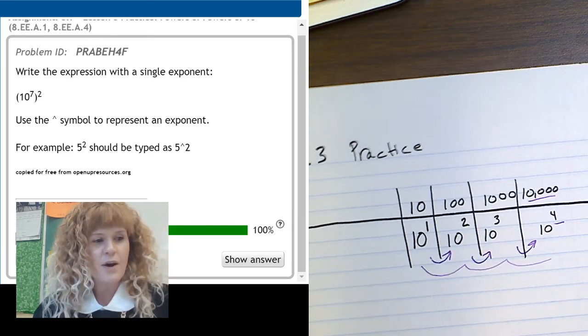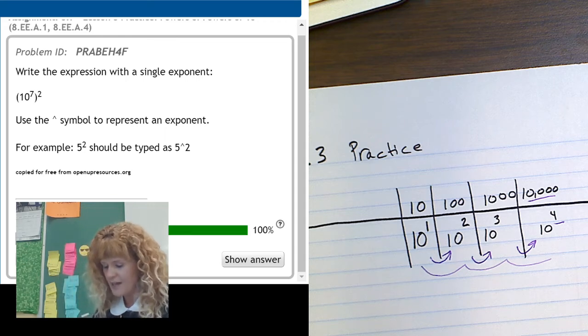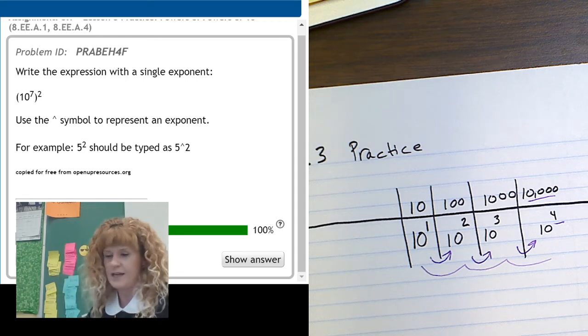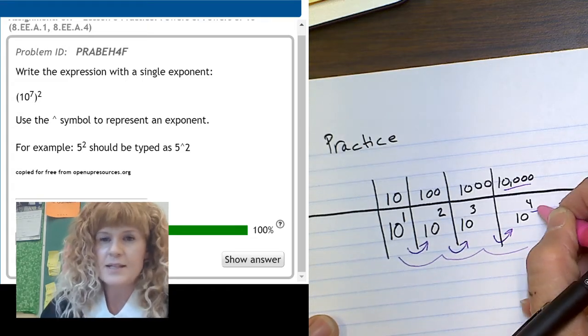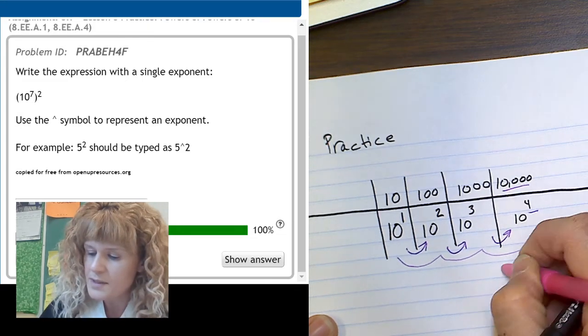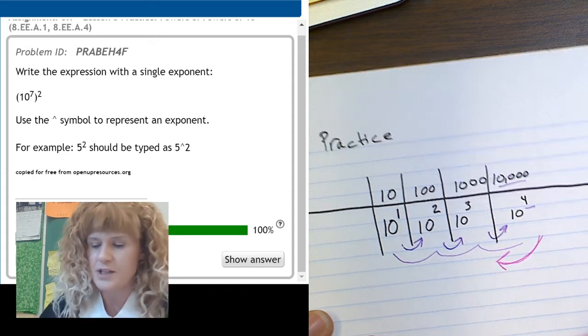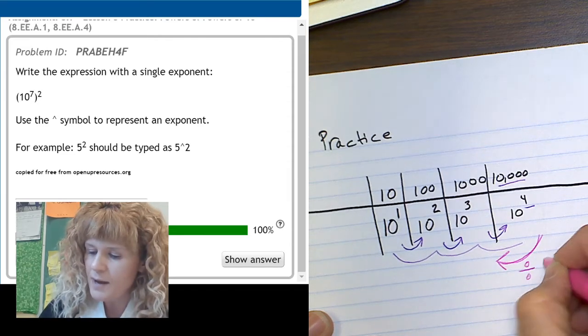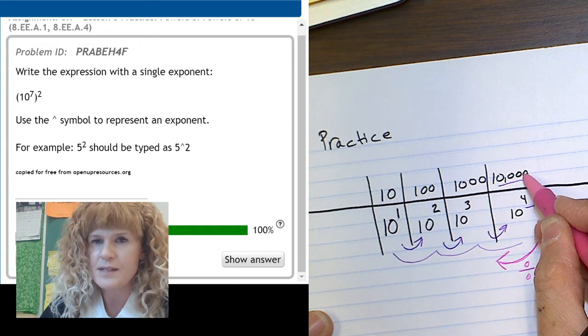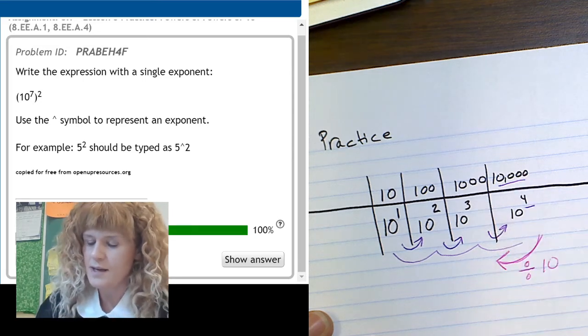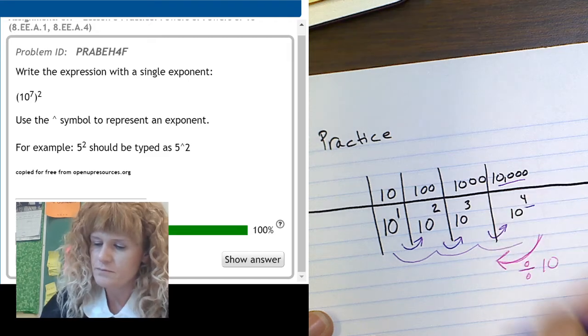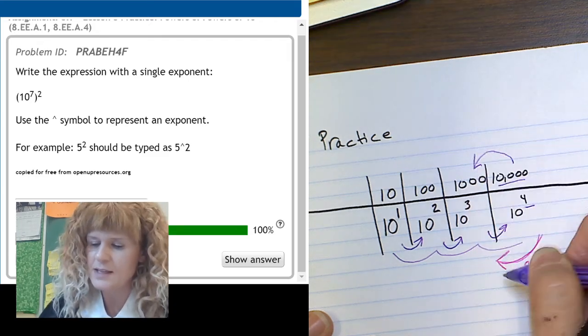Well, what if I go the other direction and I divide by 10? So now I'm going to start over here at 10,000, and I'm going to draw my arrow the other direction to divide by 10. So 10,000 divided by 10 is 1,000.